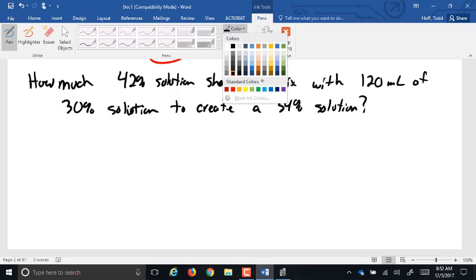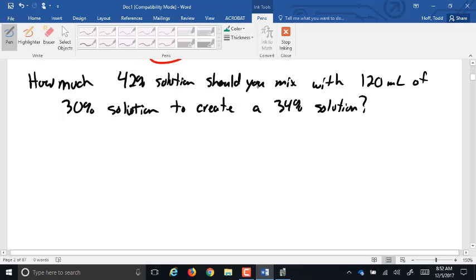So here's the same type of deal. We are mixing percents. What are the two percents we are mixing? 42% and 30%. We're mixing that with 30%, trying to create 34%. This time we know the percent, and usually we do. We know what percent we want the final result to be.